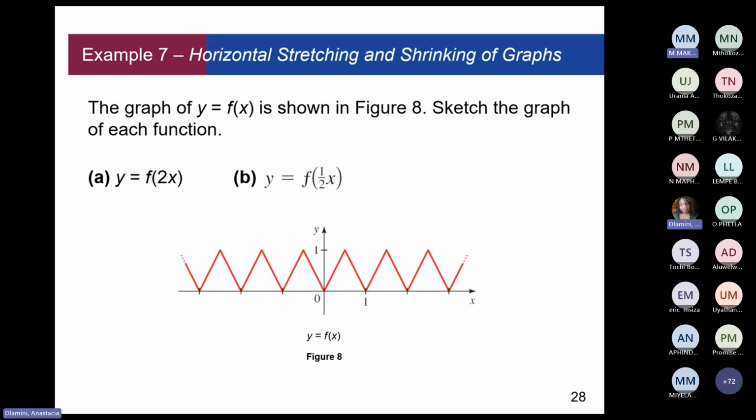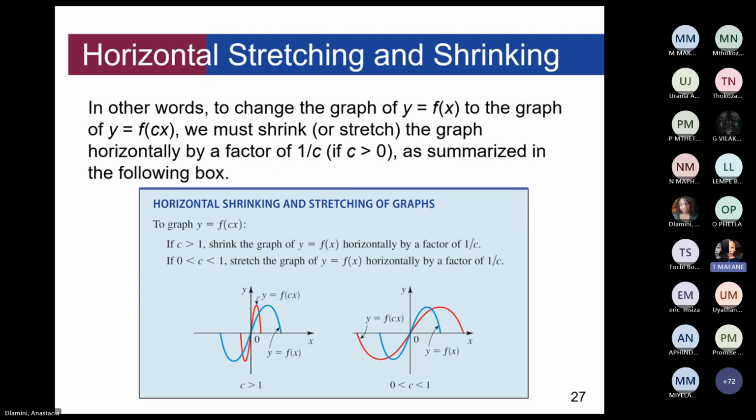Let's go back. A, you are saying we are shrinking or stretching? Let's start there. We are shrinking. By what factor? By 2. So we all agree we are shrinking, right? By what factor? By 1 over 2. Shrinking by 1 over 2.